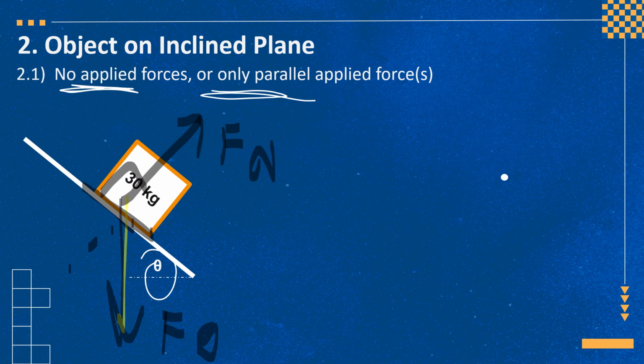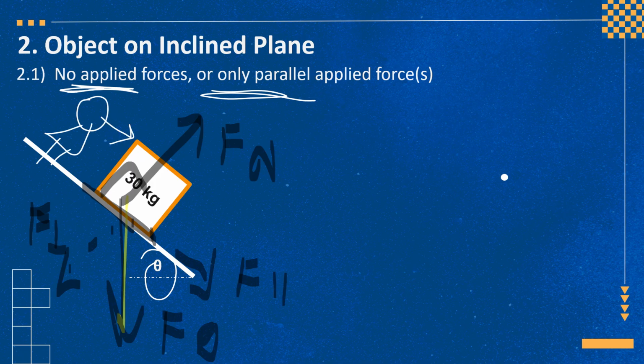Now, if I add my Fg components, my parallel and my perpendicular components of the gravitational force, and if I pretend to be an observer here on the surface, and I look at the force diagram from that side, parallel to the surface, then the normal force will be in line with F parallel.